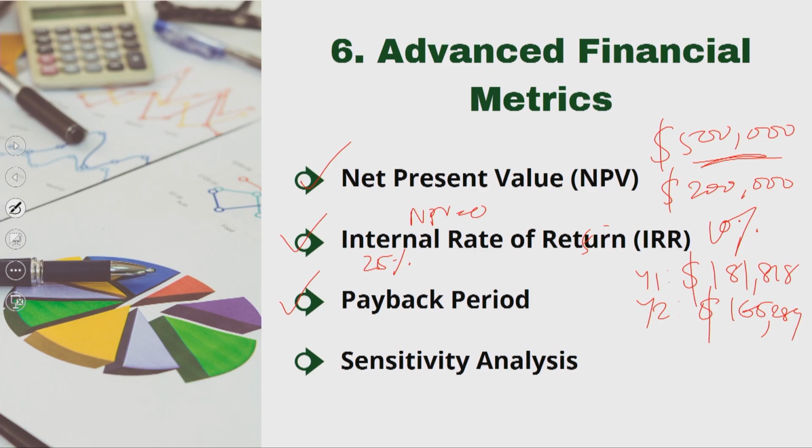While it doesn't account for the time value of money, like in the case of the net present value, if you see NPV closely, you'll see that the significant aspect there is the time value of money. Payback period, on the other hand, offers intuitive insight into investment risk and cash flow impact.